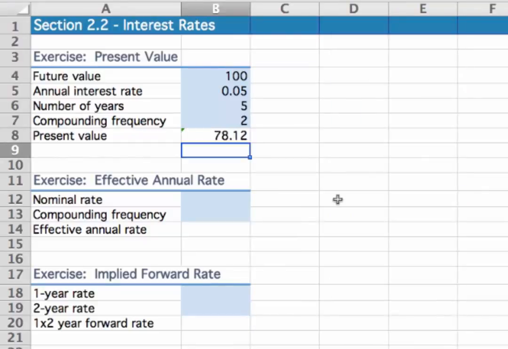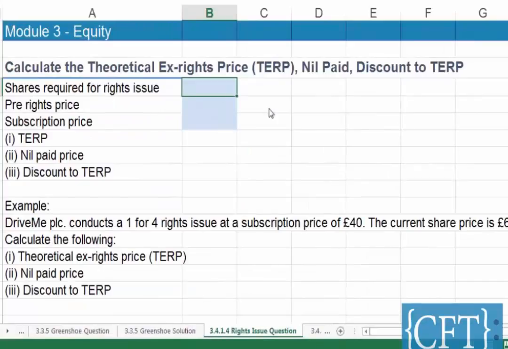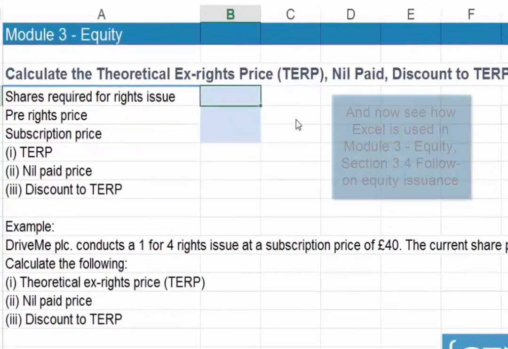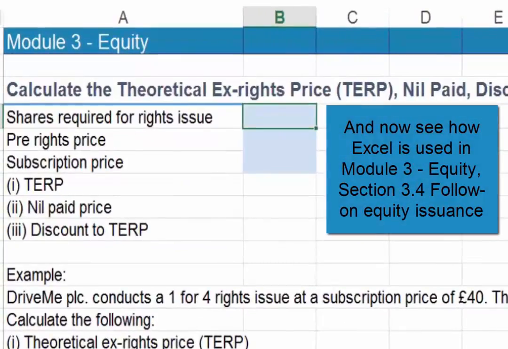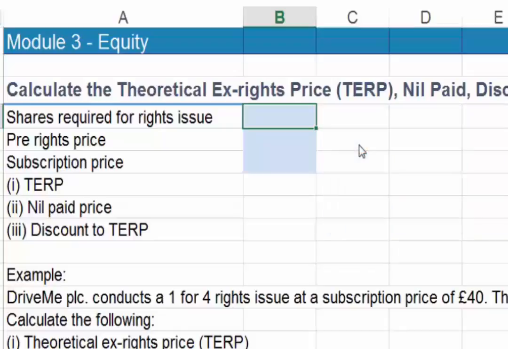Okay, now that we have the answer, let's go back to the presentation. We'll now have a further look at an example on a rights issue. So if you remember, the learning outcome statement actually has quite a few calculations in this area. So given a scenario on a rights issue, you would need to calculate the TERP, the theoretical ex rights price, the nil paid value, and the discount to the TERP, the discount to the theoretical ex rights price.